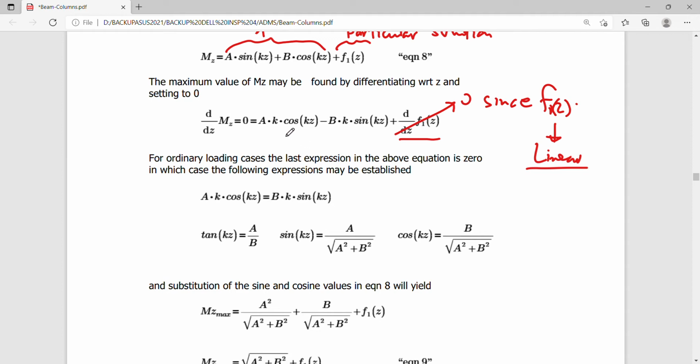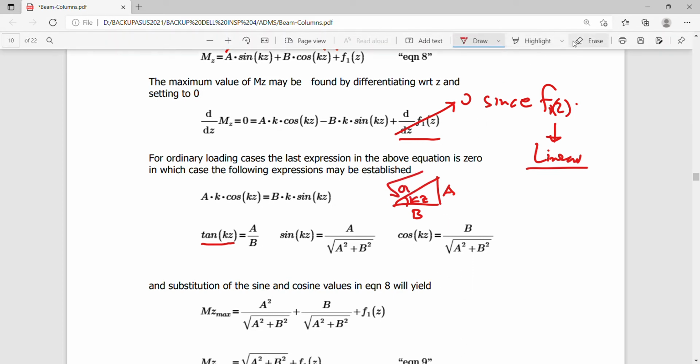And noting that this first expression is simply equivalent to the second expression, we can come up with a tangent function simply by dividing your sine by cosine function of the kz angle, equivalent to the ratio A over B, such that if we define now the opposite side of the angle kz, which is A, and the adjacent side, which is B, this will give you a relationship on the sine and cosine functions by simply taking note that the hypotenuse is the square root of a squared plus b squared.